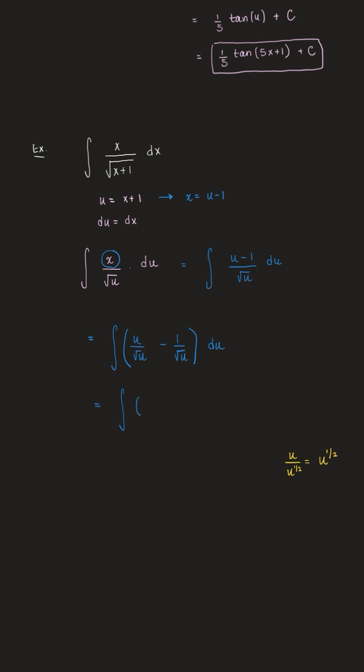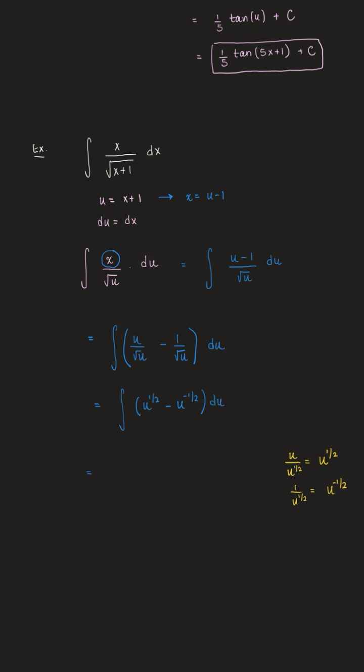So the first term simplifies to u to the 1/2. And the second, well, I have a u to the 1/2 in the denominator, which we can bring to the numerator as u to the negative 1/2. So we're going to have u to the 1/2 minus u to the negative 1/2 du. And we are just getting ready to complete this.